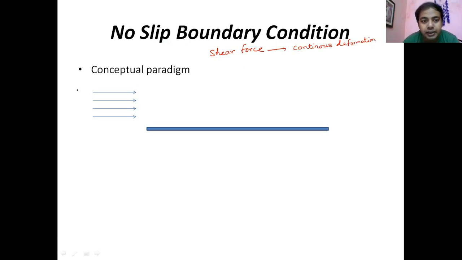Let us consider some fluid is coming, let it be gas or liquid, whatever it is, with some velocity, and this velocity is uniform in nature. We'll see uniform velocity in the kinematics of fluid chapter.